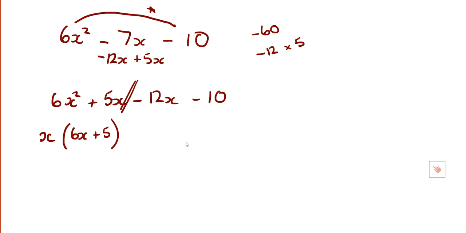Factorise the other half. Negative 2, open bracket, 6x, plus 5. Good. Great. Normally people forget that there's a negative.